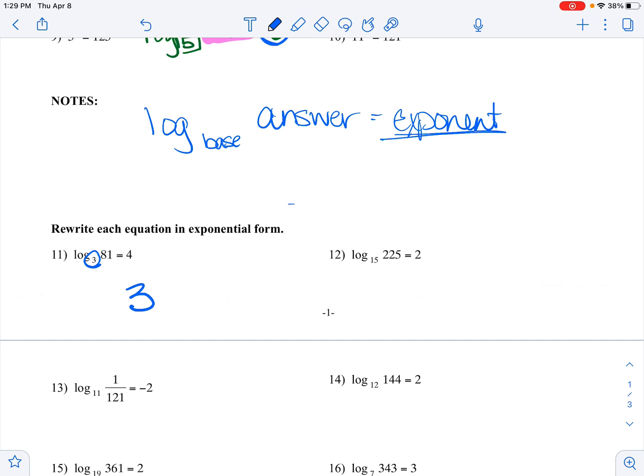Well, the exponent is at the equal sign, which is 4, and that is going to be equal to 81. This is our base, so 15, and this is our exponent, squared, is equal to 225.